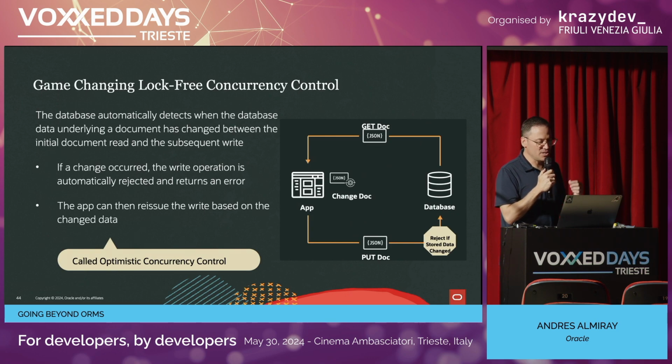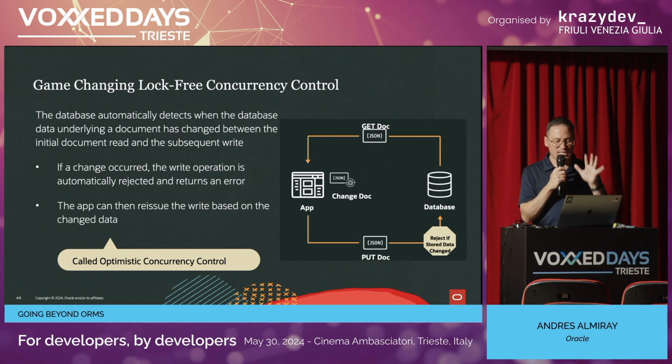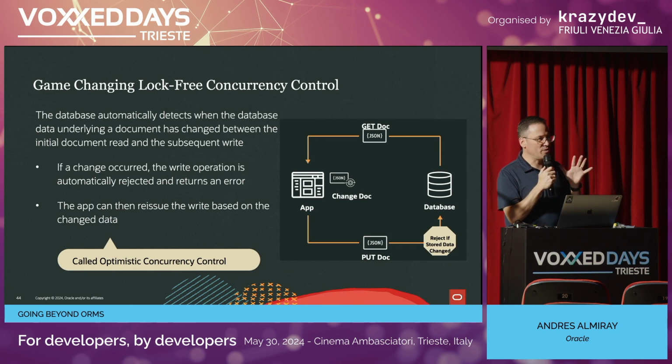The other advantage is that when you are sending those documents to the database, you have optimistic concurrency control. So if there is data that has been updated under the covers while you're trying to send that document into the database, of course there's going to be a change here, and the database is able to pick it up very quickly.